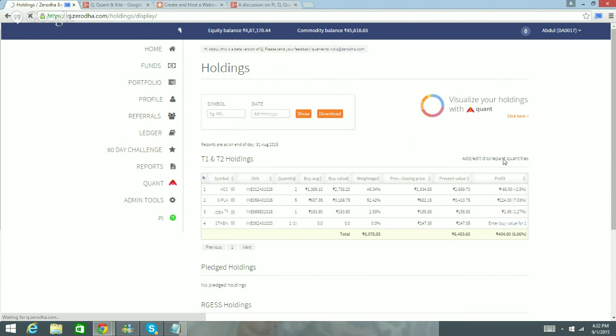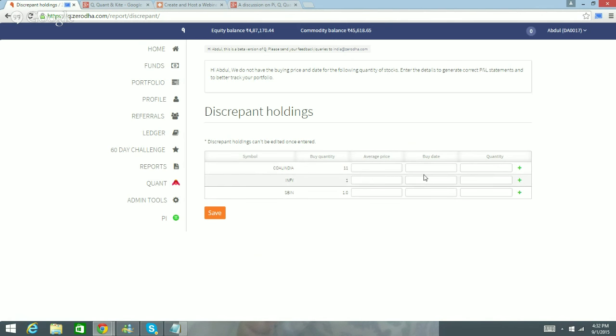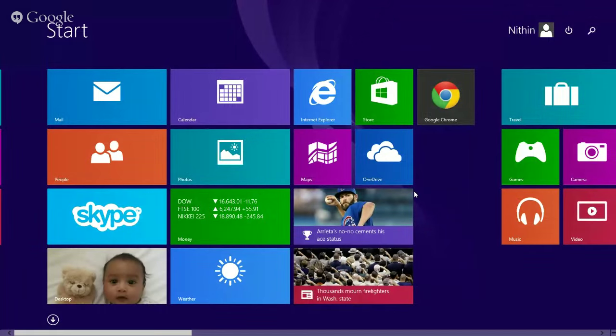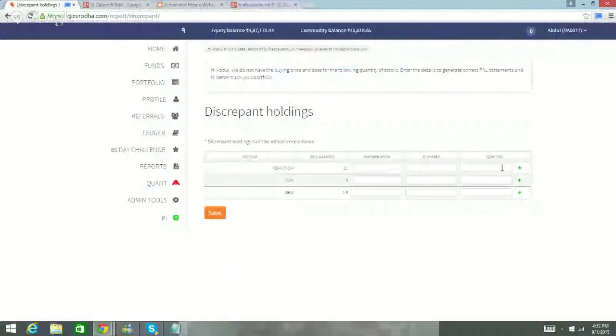There's an option called add/edit discrepant quantity. For example, these are the 3 stocks that Hanan transferred, for which we don't know the average price or the buy date. We know the quantity, but we don't know the price and buy date. The reason we have added a quantity here is because what if Hanan had bought Coal India in 2 different trades, right?